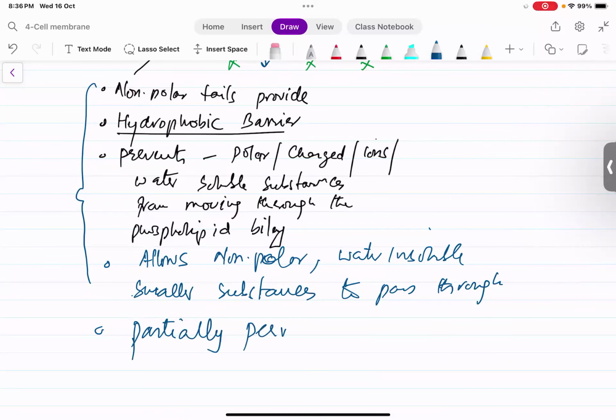Okay. So this is phospholipid. Then the next is glycolipids and glycoproteins. Both have the same role.